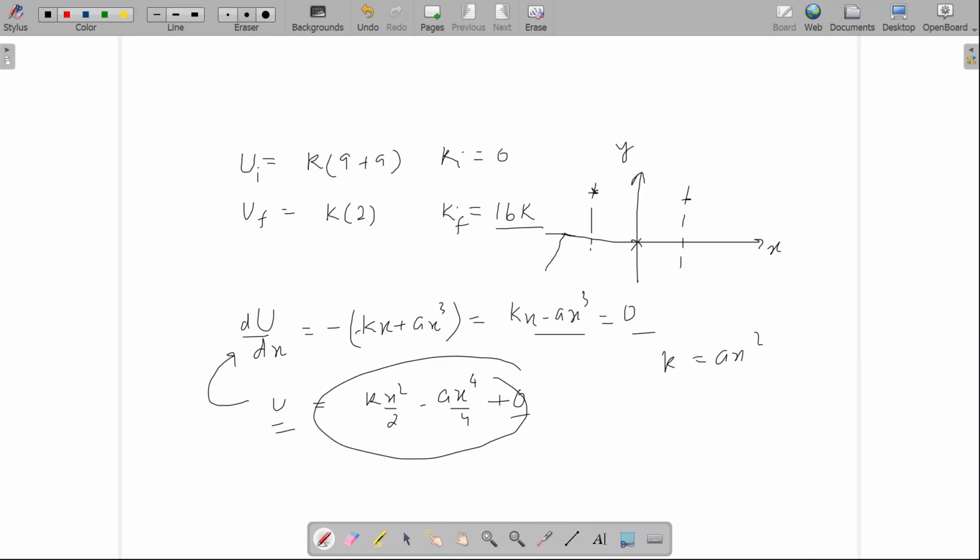That means the curve starts from somewhere here, gets to zero slope over here, again to zero slope at zero, and again goes back to negative infinity. This is the kind of curve which would be represented by this U function.